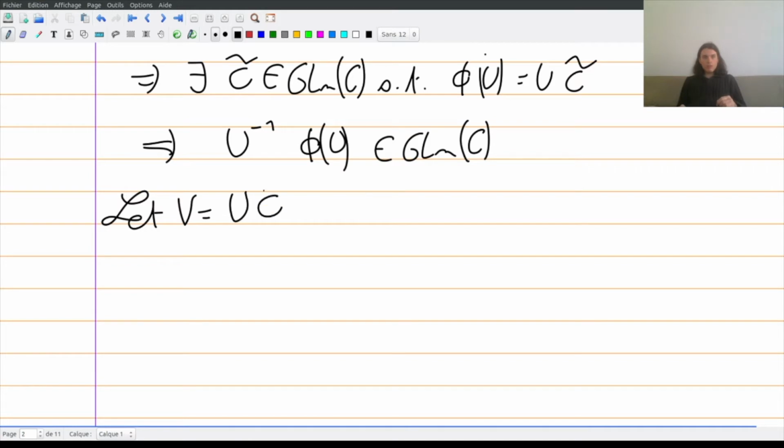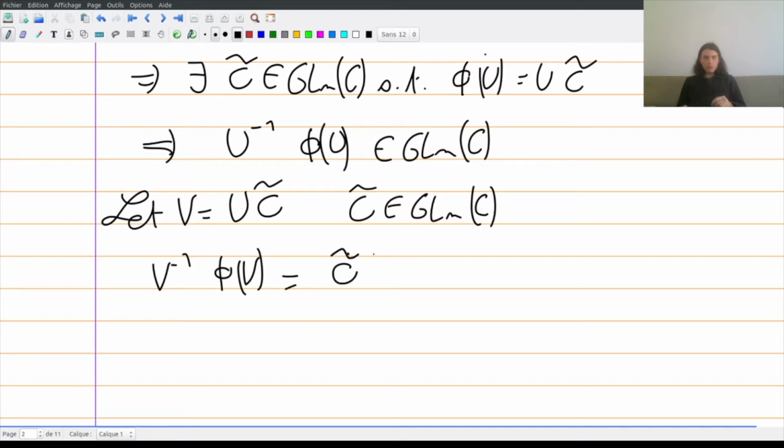So okay, now if I change my fundamental solution and I consider V minus 1 psi of V, it equals C minus 1 U minus 1 psi of U psi of C-tilde, and again psi leaves C-tilde invariant, so everything works.